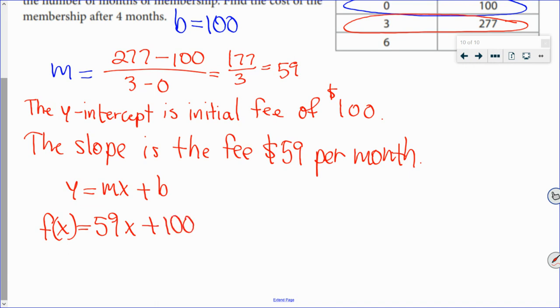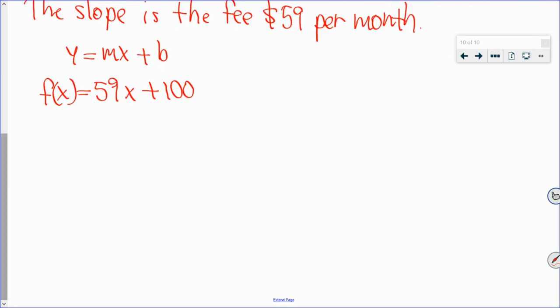Okay, remember the intercept is 100, the slope is 59. And so to find what they're asking me to find, we'll know what it costs after 4 months. So plug a 4 in for x, 59 times 4 plus 100.